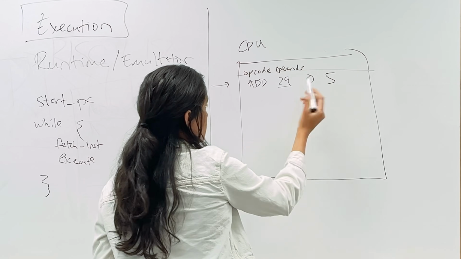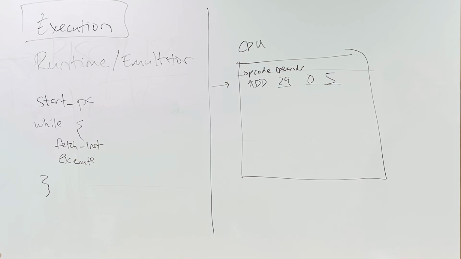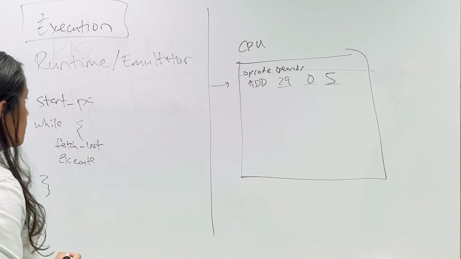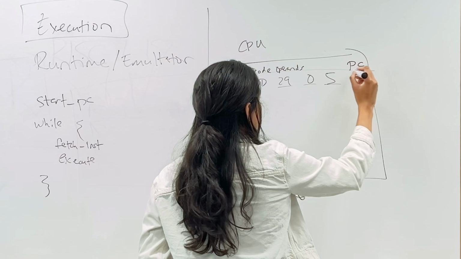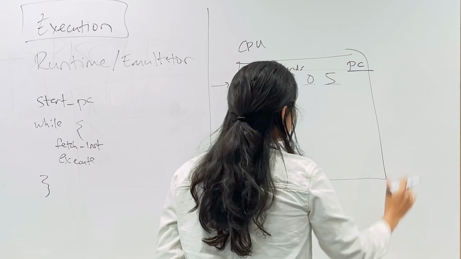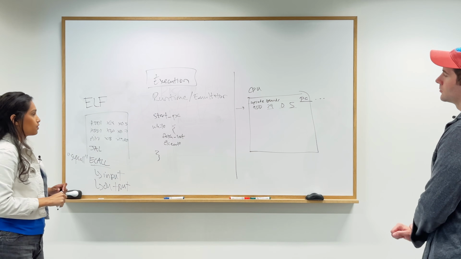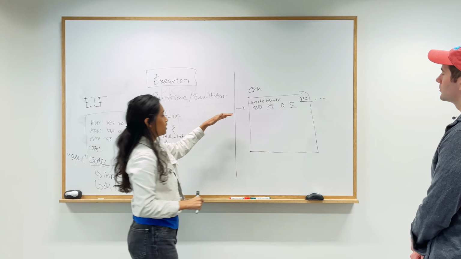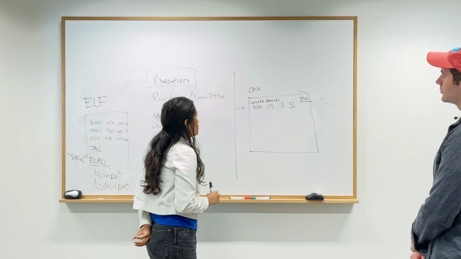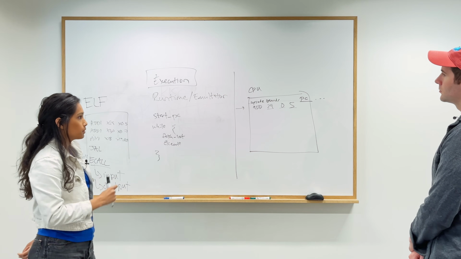The 29 is a register, this is a register, and this is a constant. And then you would also have the program counter, and a bunch of other columns for other stuff. Really, what's happening under the hood is that each instruction gets turned into one row in our SNARK, and then we want to prove that the instruction was executed properly.